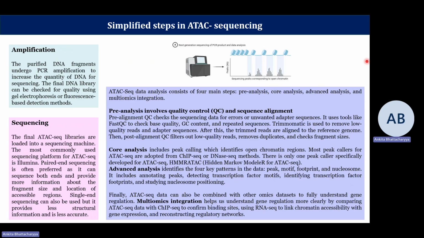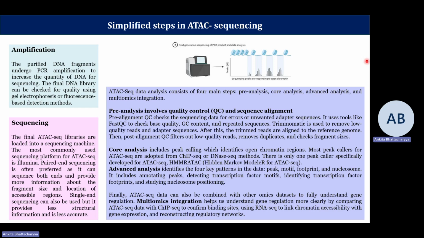Finally, advanced analysis of ATAC-seq identifies four key patterns that are of interest in the data output. First is the peak regions, which have come up with a lot of depth as regions under control.